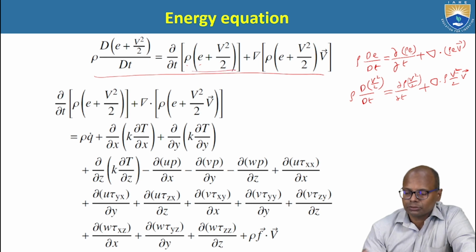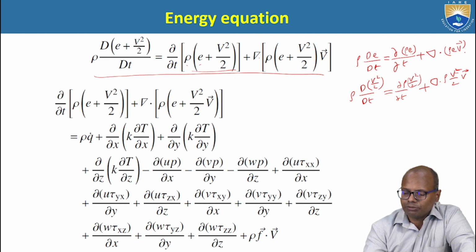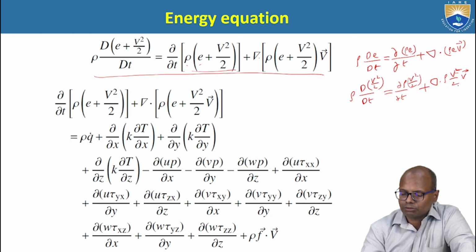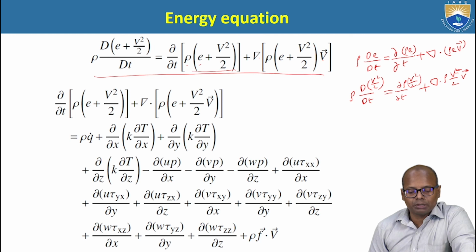This is one term. The second term is del dot rho E V bar plus rho V square by 2 V bar. E plus V square by 2 I am taking common: del dot rho times E plus V square by 2 into V bar. So this is what we are doing.